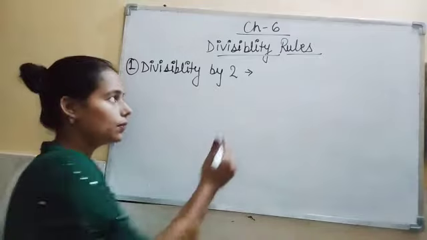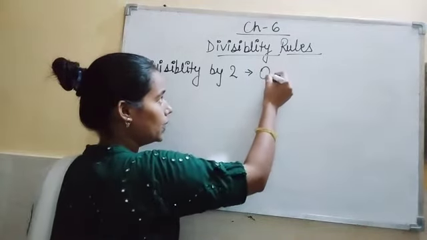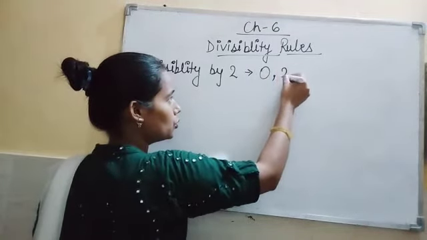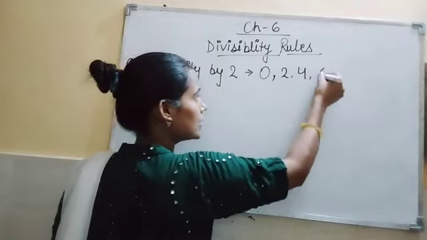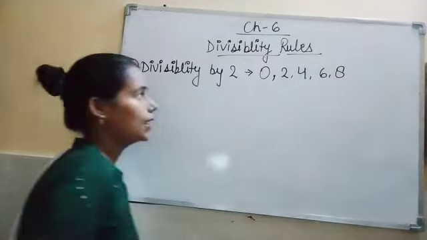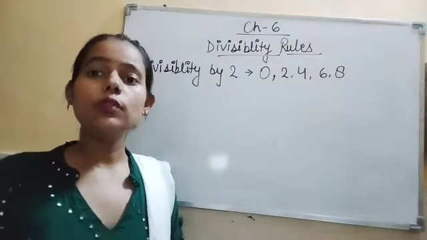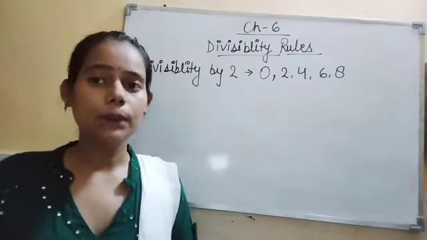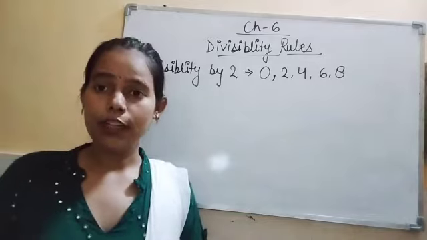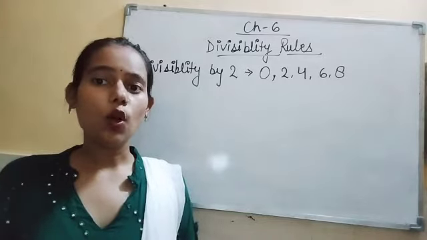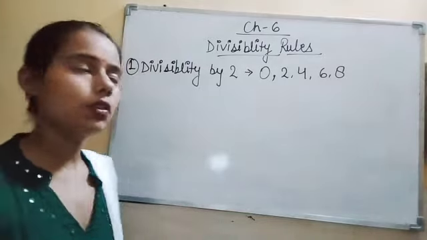If any even number like 0, 2, 4, 6, 8 is written on the ones place of the given number, then our number is divisible by 2. If any odd number is written there, what are the odd numbers?